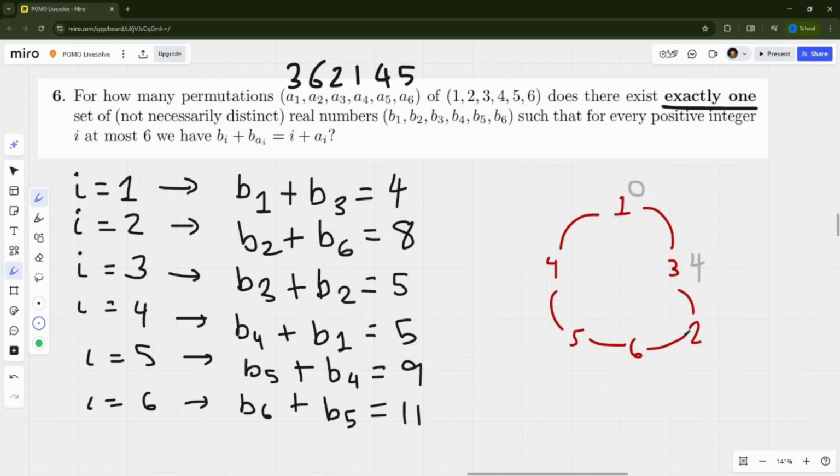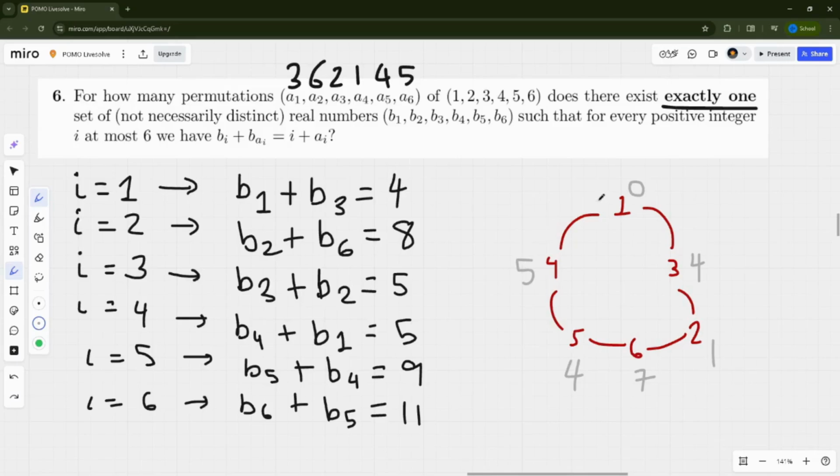Then b2, so this should be 1. So b2 plus b6 is equal to 8, so b6 is 7. This should be 4 because this leads to a sum of 11. This leads to a sum of 9, so that's 5. And we go back to the start.